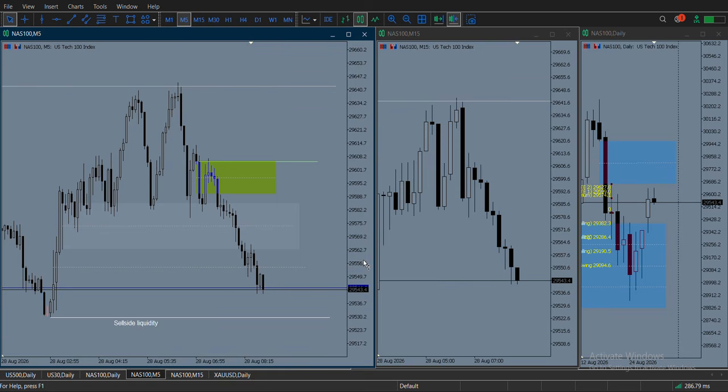So we are still on lower prices. This has been a very nice rejection lower from 580s trading down to 570s, trading down to 560s, and now we're at 550s.